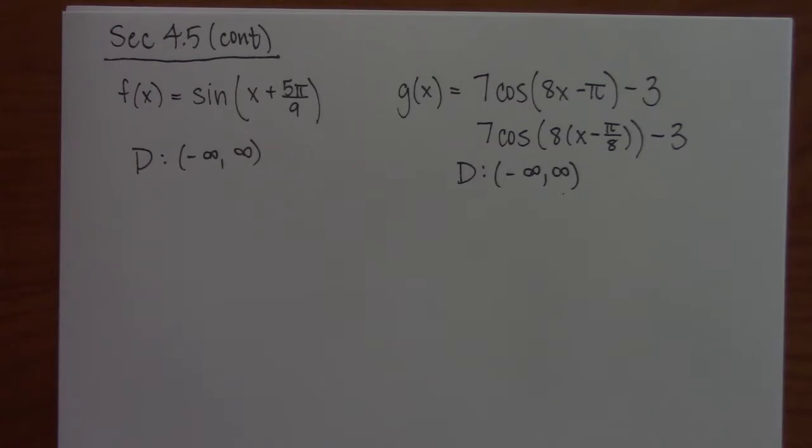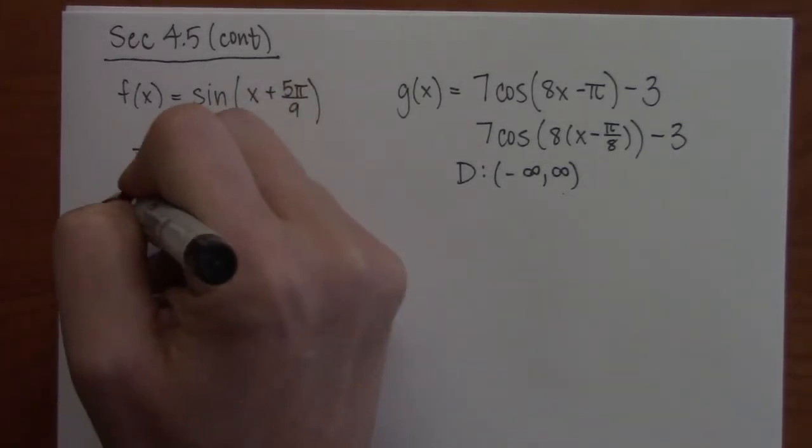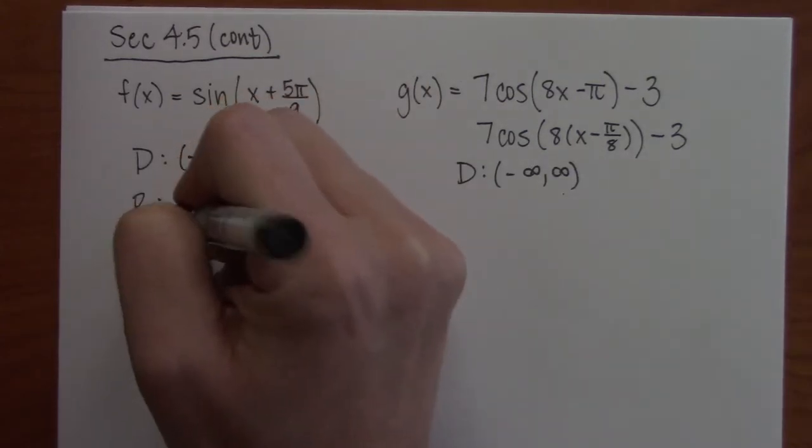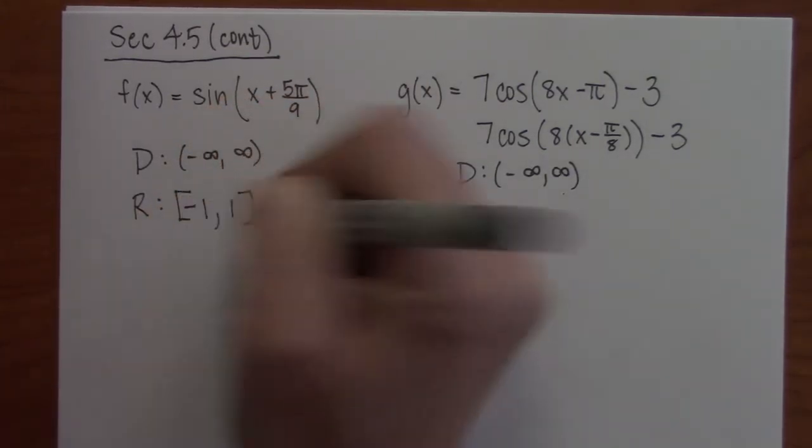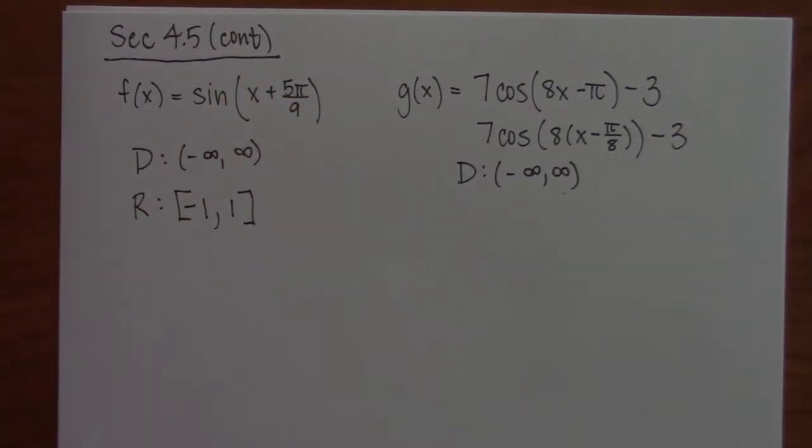So if I go 1 unit up from 0, we know the wave never goes above 1. And if I go 1 unit down from 0, I know the wave never goes below -1. So the range of this first equation, right, is -1 to 1 included, because the max and the min are points on the graph. So we always include those values, right?